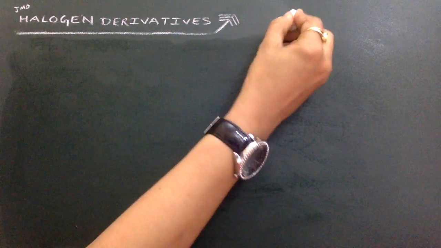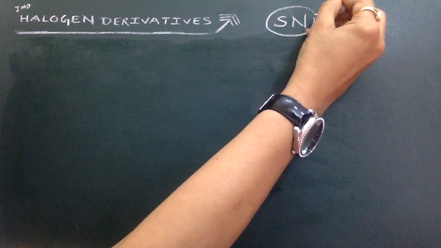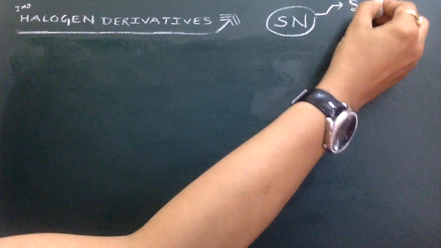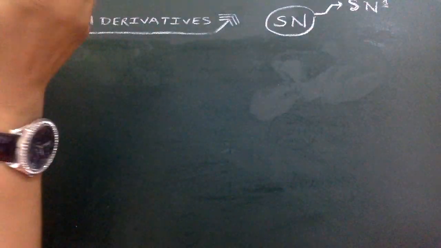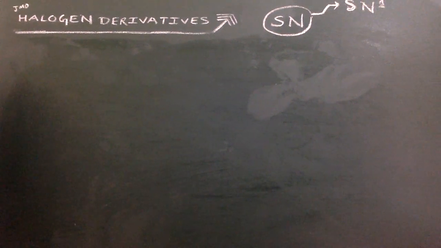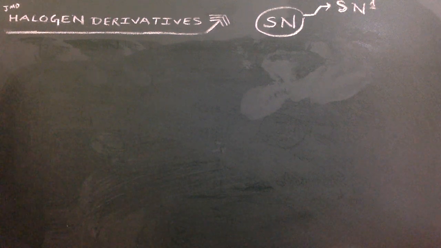Okay, now see. In nucleophilic substitution reactions, we have two categories of reaction: the SN1 reaction and the SN2 reaction.